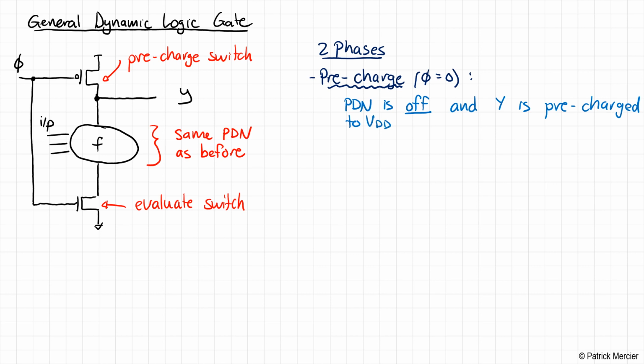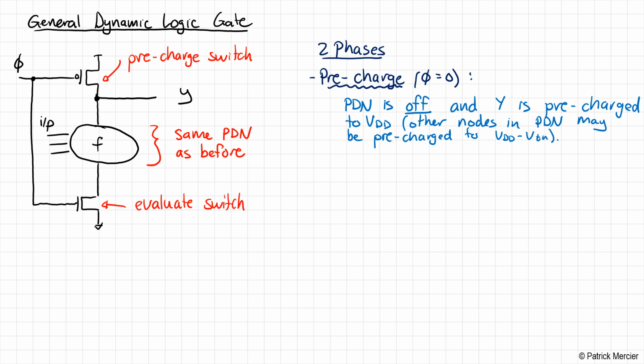Now, we should note that in this case the output Y is pre-charged to VDD, but other nodes in the pull-down network may be pre-charged, because they comprise NMOS transistors, to VDD minus VTN.